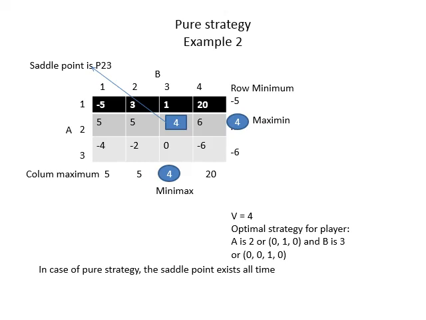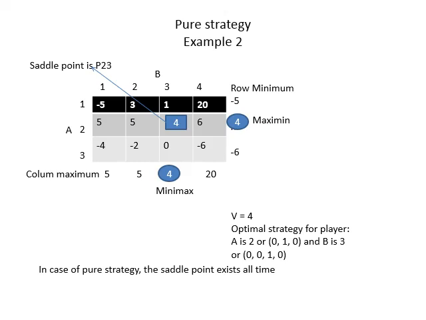So accordingly, the optimal strategy for each player is, for A, 0, 1, 0. What does that mean?